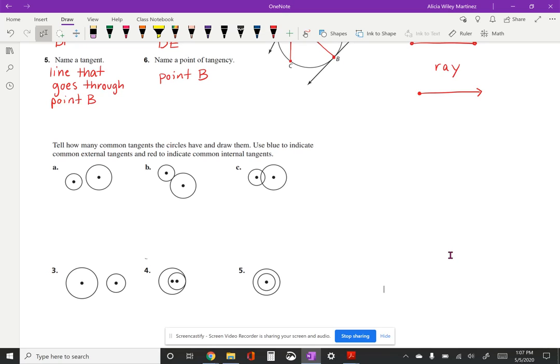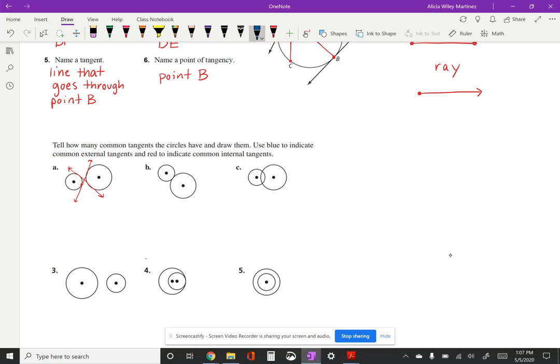So, for example, in letter A, I'm going to get a red here, I can draw a tangent line that can be tangent to both the circles like that. I could also draw another one that could be tangent to these two circles like that.